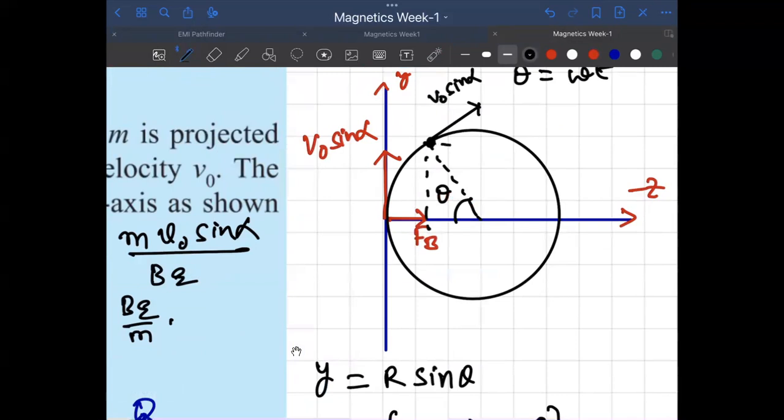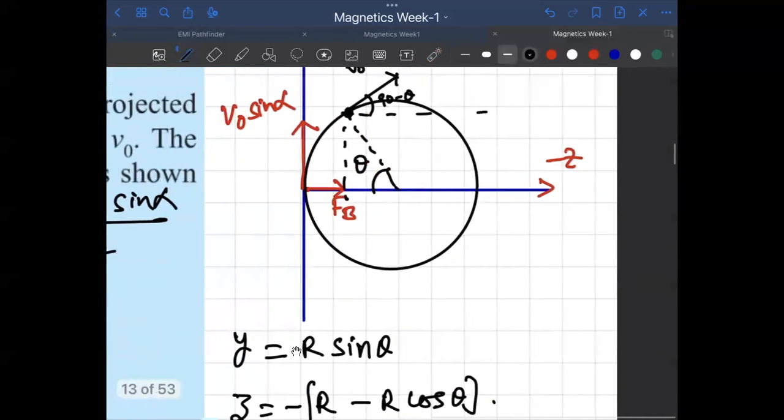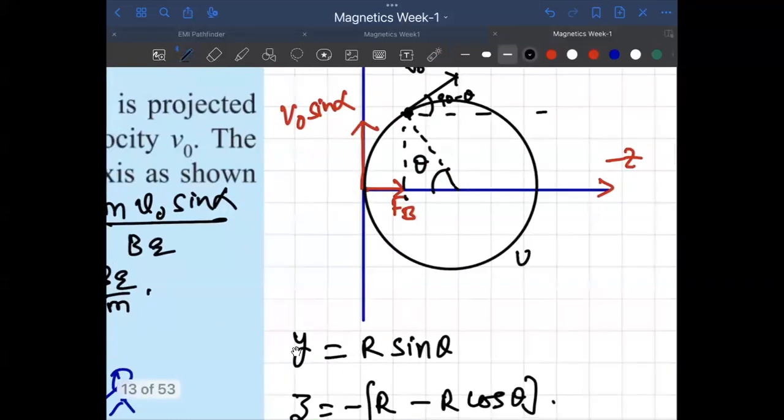Now you resolve this again. If this angle is theta, this angle is also theta, and this angle will become 90 minus theta. Now you give me the Vy component.